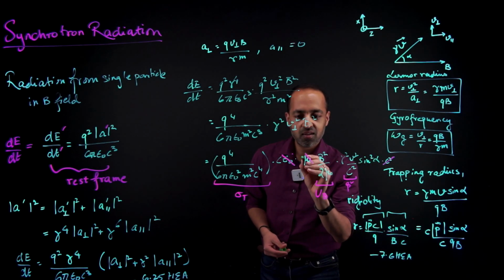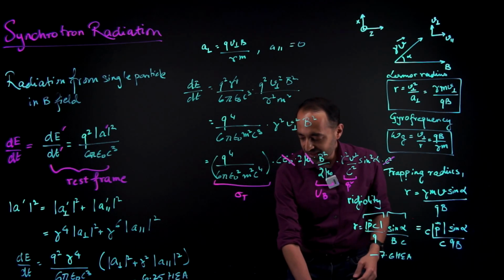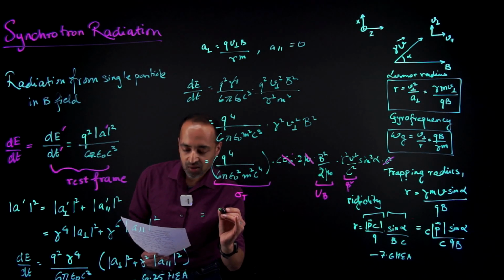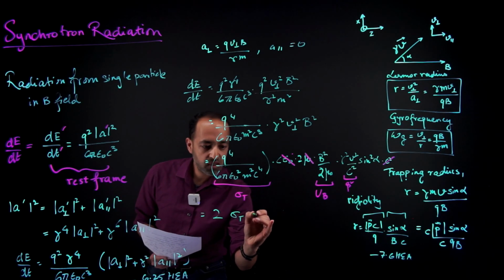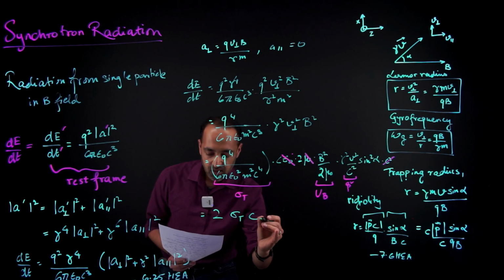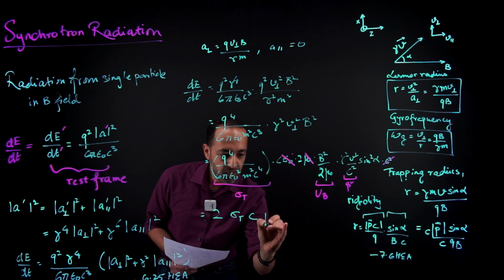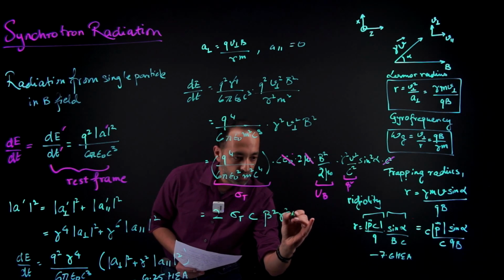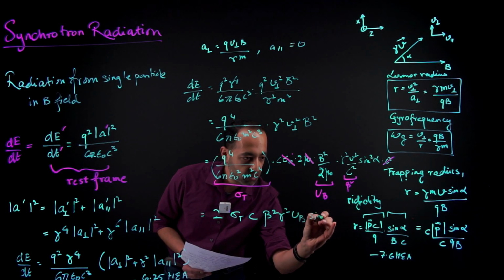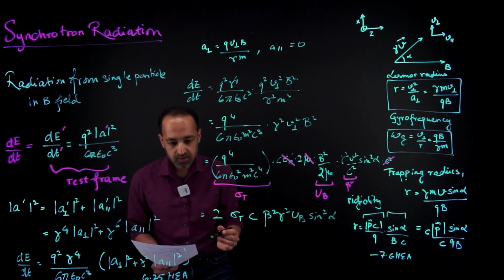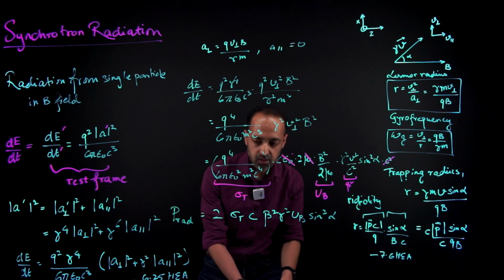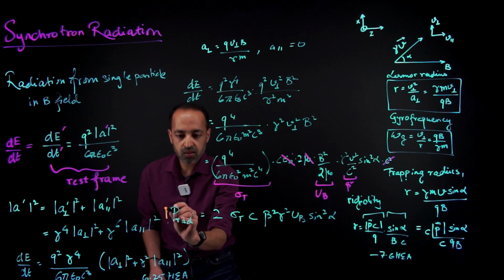Right. So at the end of this process, our dE dt is 2 sigma T c times beta squared gamma squared U_B sine squared alpha. And this is P rad, the power that is radiated by this charged particle.